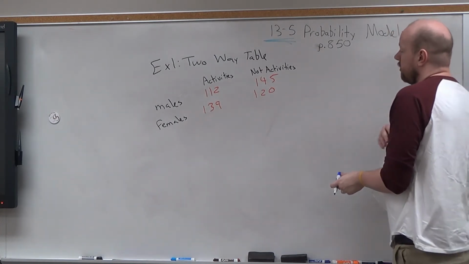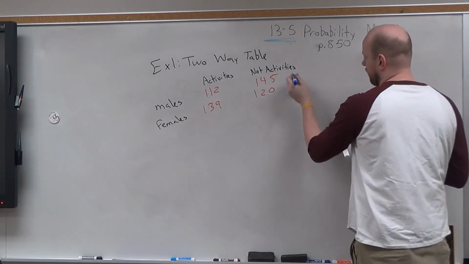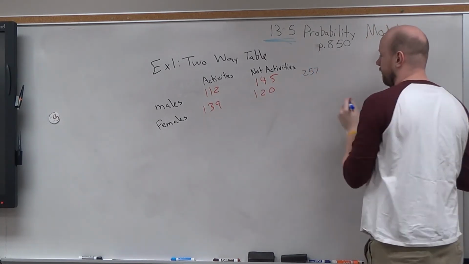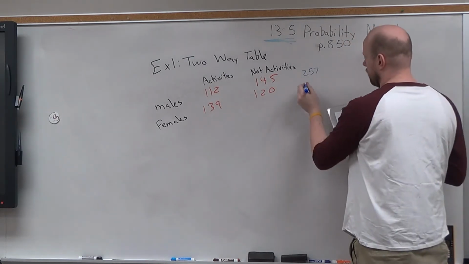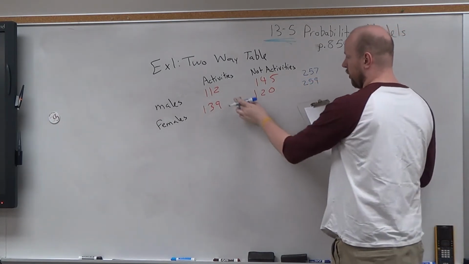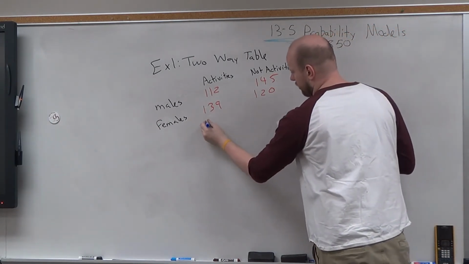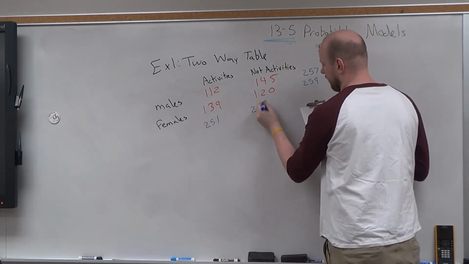Total males we have would be 112 plus 145, which is 257. Total females, 139 plus 120, so 259. Total activities, we get 251. Total non-activities, we get 265.